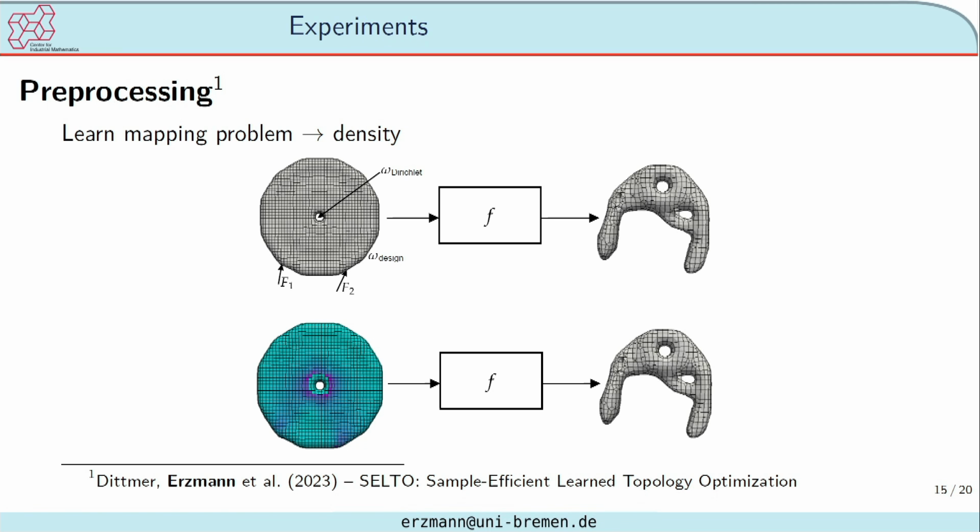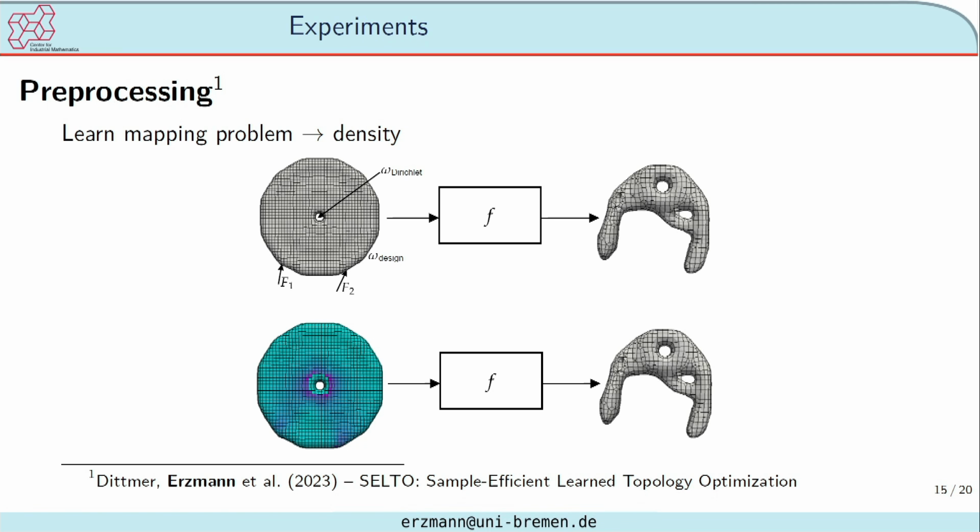The most trivial way would be to simply use all these tensors that we have available, like the forces, the Dirichlet conditions, and so on, and just concatenate them into a tensor and put that as input into our network and then get the output, right? That would be the easiest way. And this is why I call this the trivial pre-processing. We just concatenate all the information that we have.